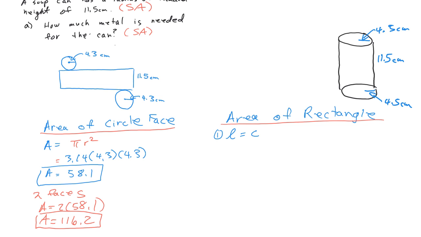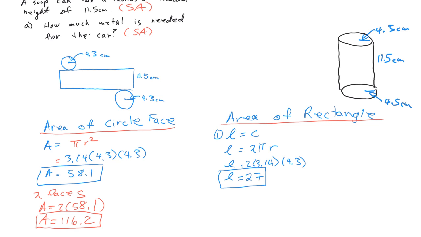So let's use that to find its actual length. Now you need to remember that length is equal to 2 times pi times r. So we end up with 2 times 3.14 times 4.3. When we punch in all that information, we end up with L equal to 27.